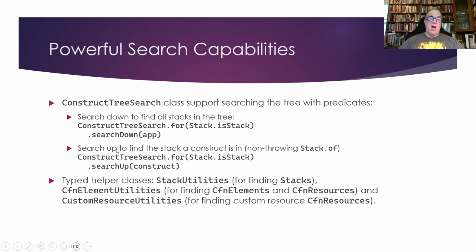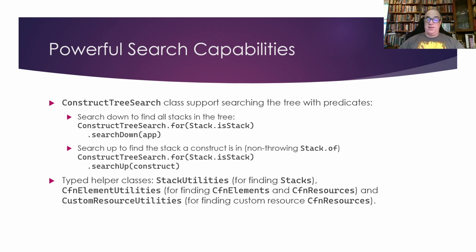We can also search up to find the stack that a construct is in. And when we do a search up, this ends up being like a non-throwing version of stack.of. So if you call stack of on a construct that's not in a stack, it'll throw. It'll say, we expected this construct to be in a stack, and it wasn't. Because usually when you're calling stack of, you really want that thing to be in a stack.